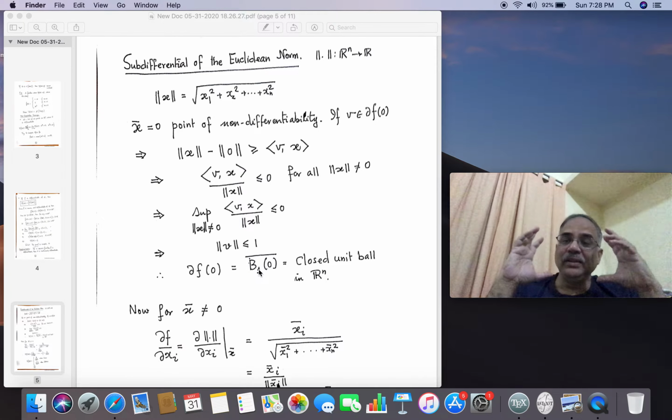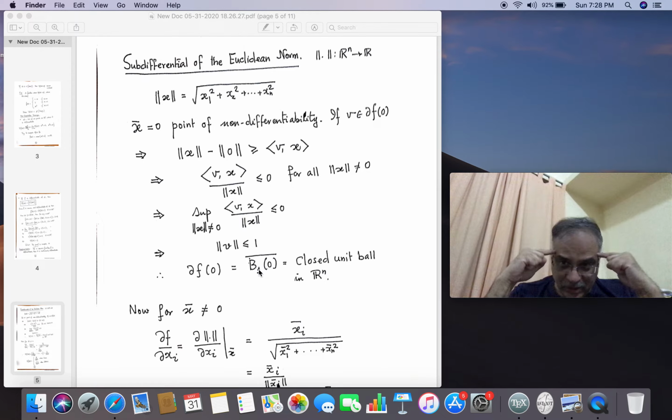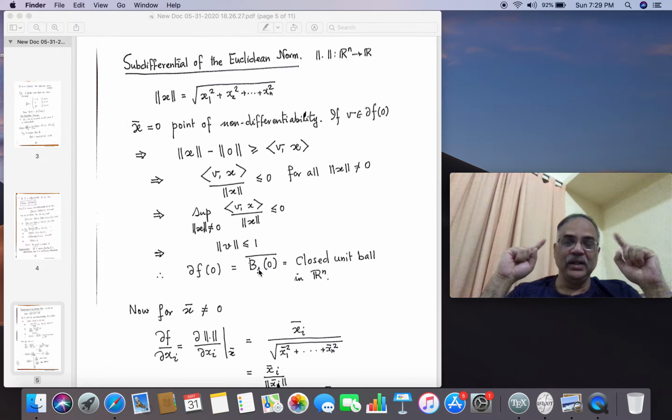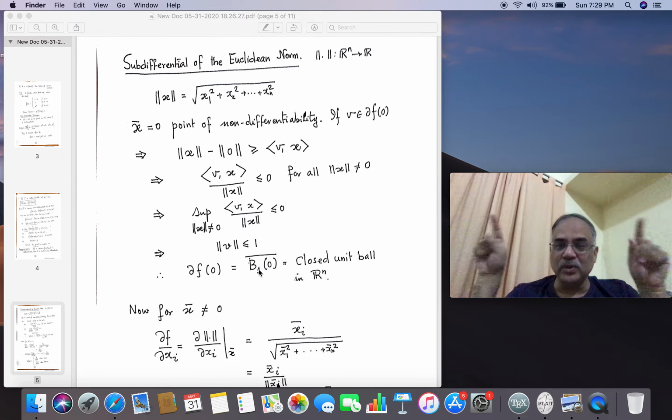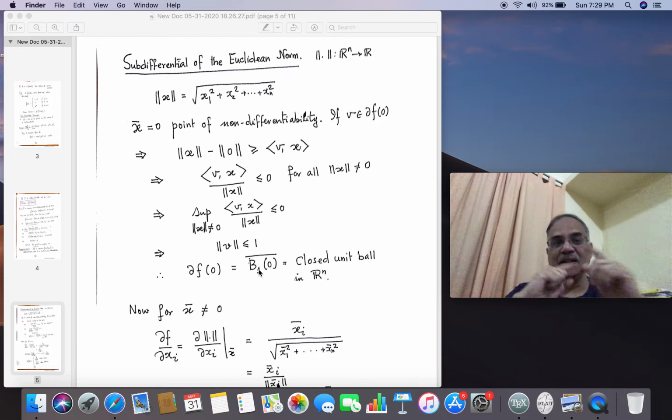Now you can immediately see what we have done. Our intuition has taken us up. We could have done it without calculation. It was the closed interval from -1 to +1 around 0, when we had taken f(x) equal to the absolute value of x. This is the generalization of f(x) equal to absolute value of x.